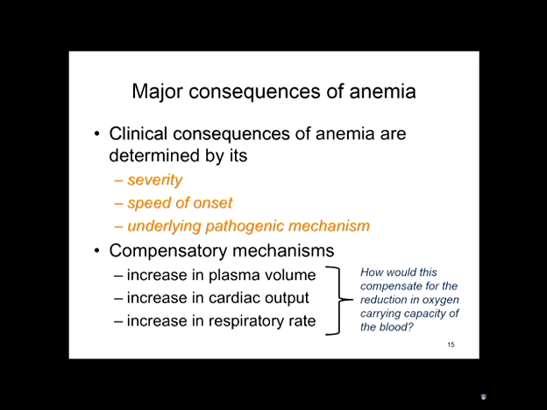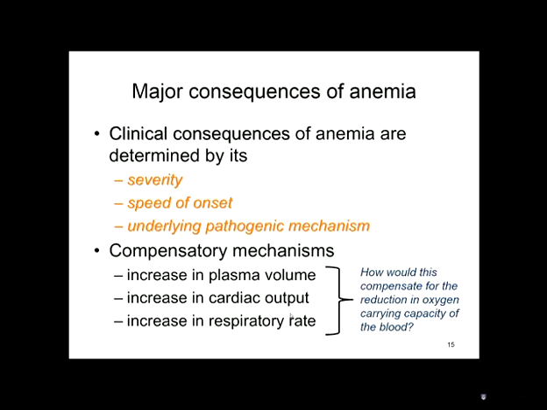Because carrying oxygen to the tissues is very important, and of course our heart and our kidneys are supposed to help us maintain normal blood levels. Certain reductions, particularly severe reductions in oxygen carrying capacity, are going to have an impact on the function of these other organs. So for example, to compensate for reduced oxygen carrying capacity of the blood, one thing that can be done is to increase plasma volume. So there's going to be more fluid retained in the vasculature.